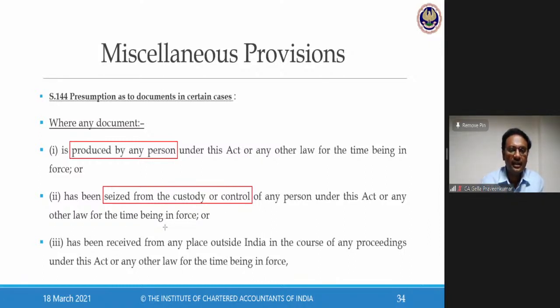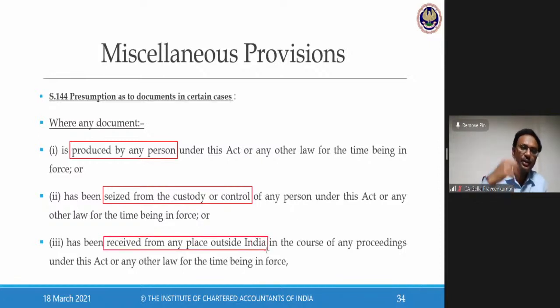Third, the documents have been received from a place outside India in the course of proceedings, like a Swiss bank account, or investments in a property, or any money which has been transferred from a foreign nation to an Indian account. There are different ways the documents can be collected: one, directly from you; two, directly by force, called seizure; third, indirectly from a foreign nation in relation to any proceedings under this Act or any other law for the time being in force.